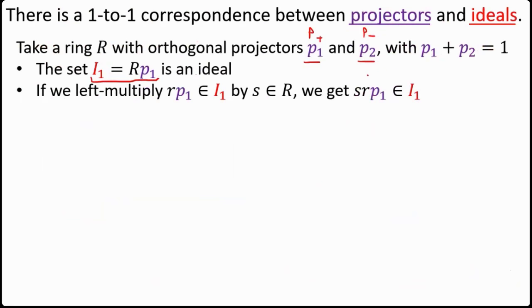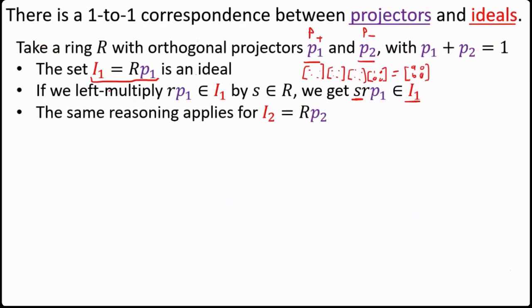It doesn't really matter how many matrices you multiply on the left, you're always going to get a first column matrix. So I'm trying to say that here: it doesn't matter how many things you multiply on the left, you're never going to escape this ideal. And the same thing for I2: the second projector will just give you that, and it doesn't matter how many things you multiply on the left, you're never going to escape.